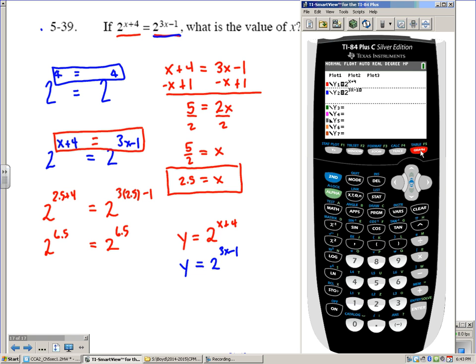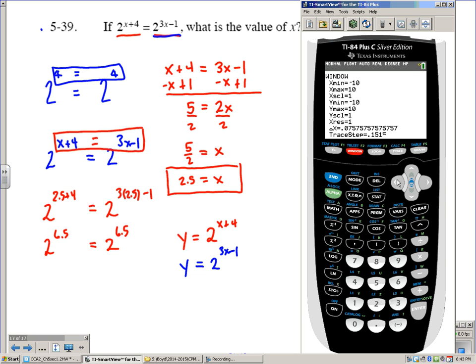Now if we graph these, there's our first exponential function, and here comes our second one. This one takes a little longer to begin rising up. This one is going to be a little steeper than the first, which means they're probably going to intersect somewhere up here. Since I've already done the problem, I know how far up I need to look.